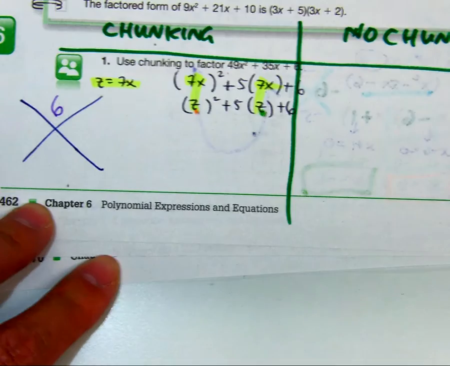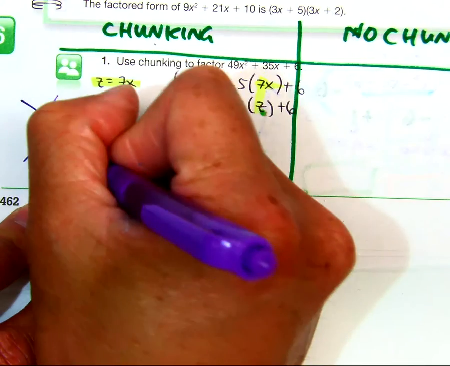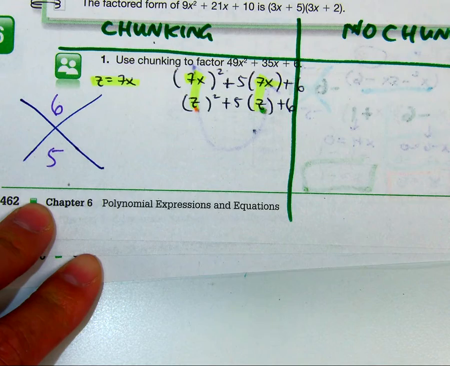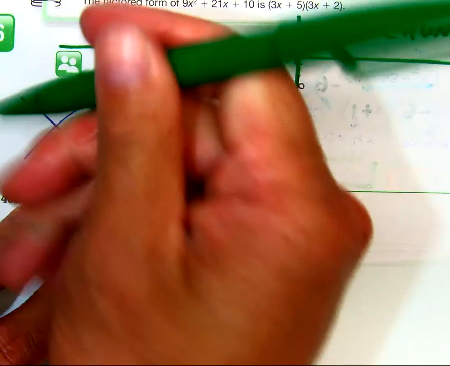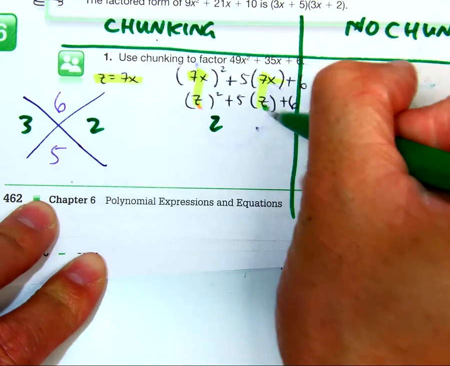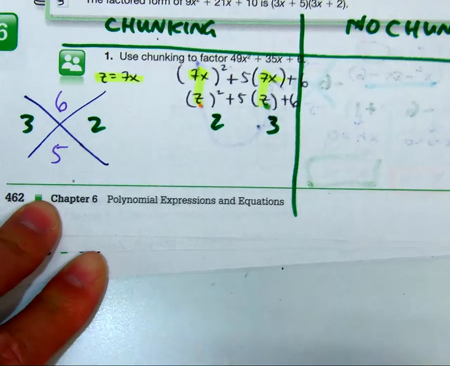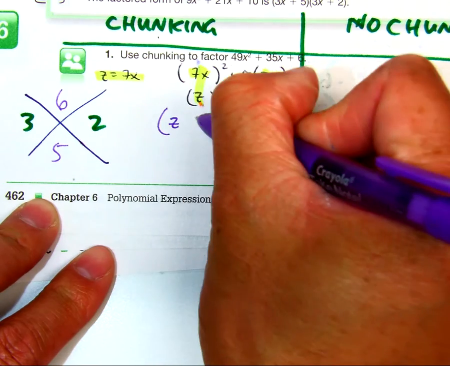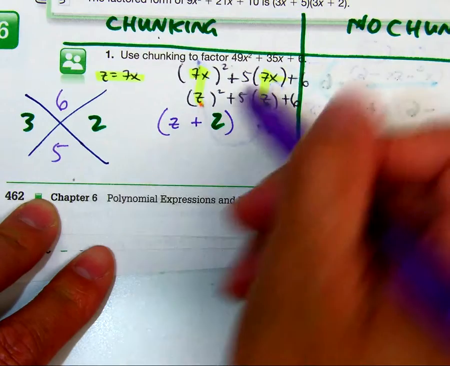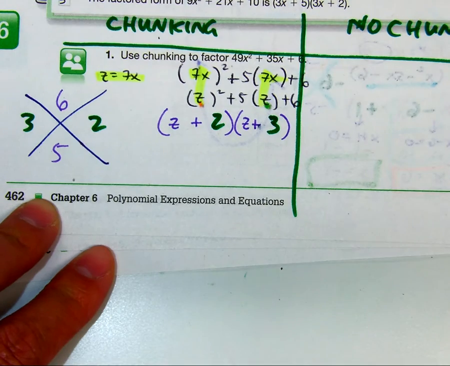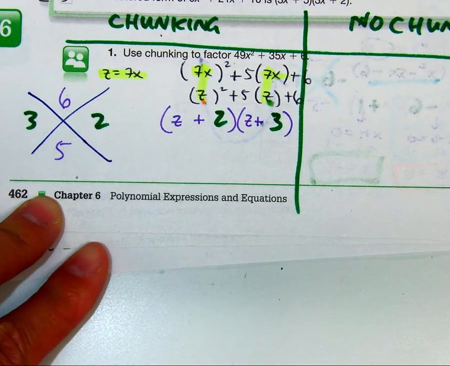Your B value? Two numbers that multiply to be 6 but add to be 5. So now I can write Z plus 2, Z plus 3. And then we just go back and substitute the z value.